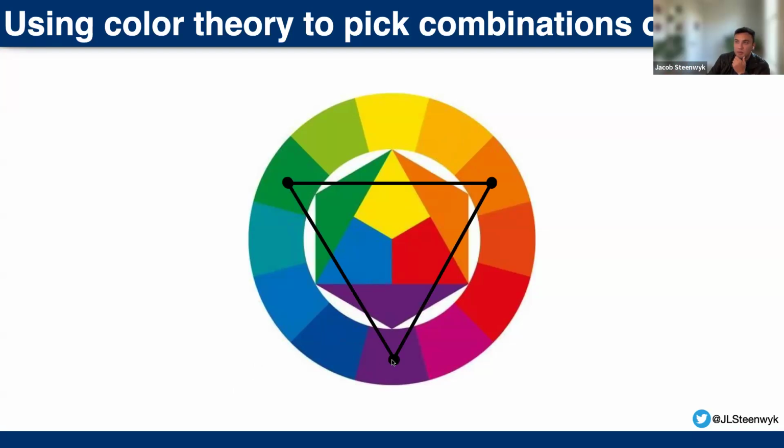So green, orange, and purple go really well together as a color combination. And that can work out really nicely. You might also remember green and purple is a really famous color combination because of the Hulk. It's a good combination because they're nearly opposites on the color wheel. Okay, and if you need four colors, then you simply draw a rectangle, and you can more or less get four colors that would go well together aesthetically.